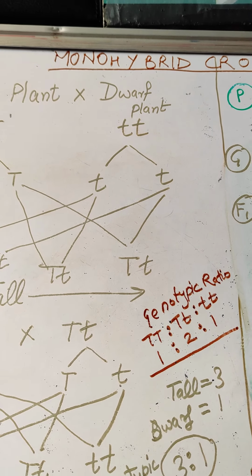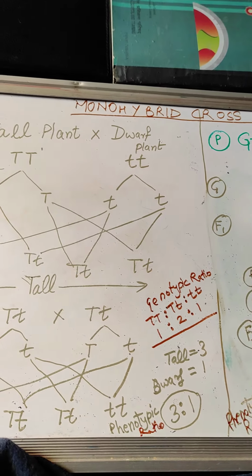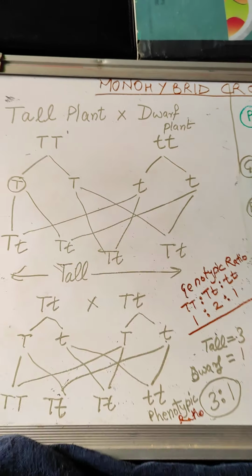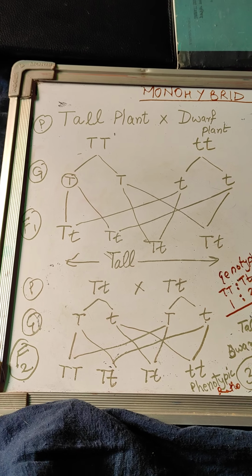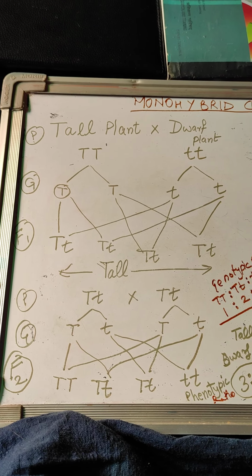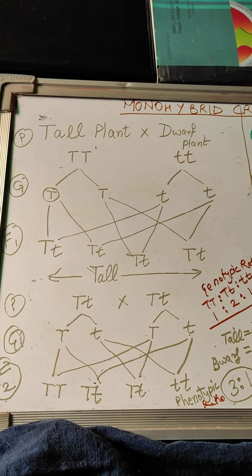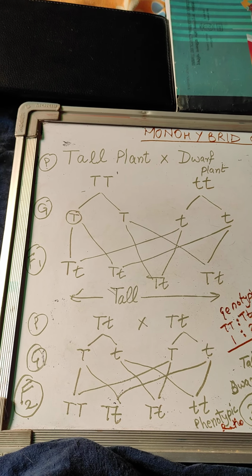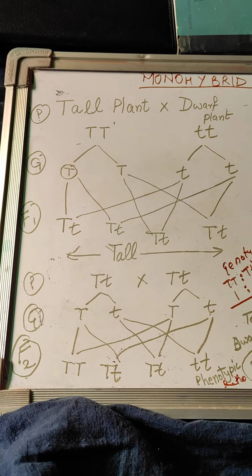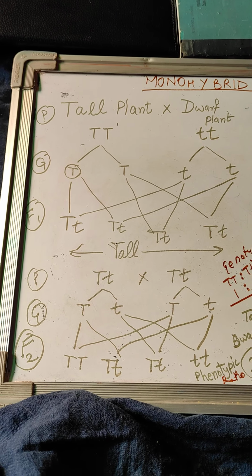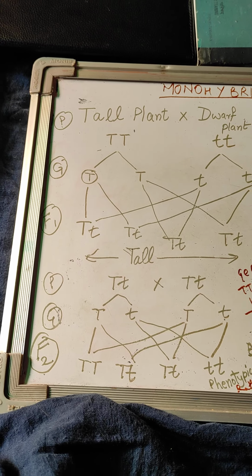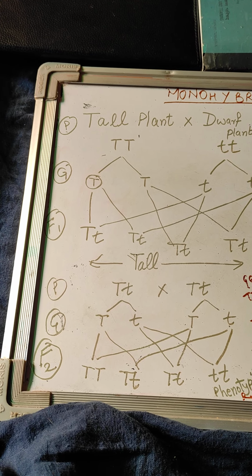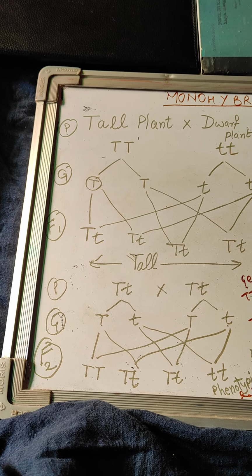This was the monohybrid cross, and on the basis of the monohybrid cross, Mendel gave 2 laws of inheritance. There were 3 laws of inheritance given by Mendel, out of which 2 are on the basis of the monohybrid cross. First is the law of dominance, based on the result found in the F1 generation.